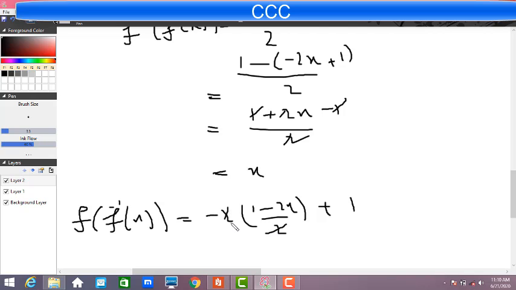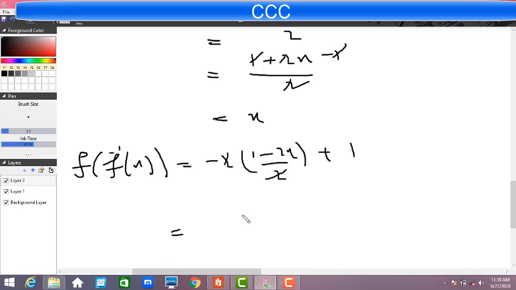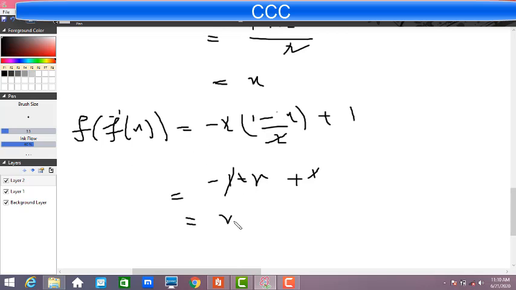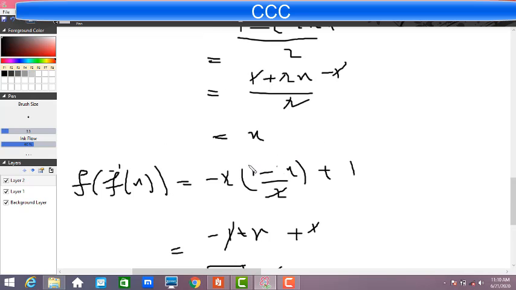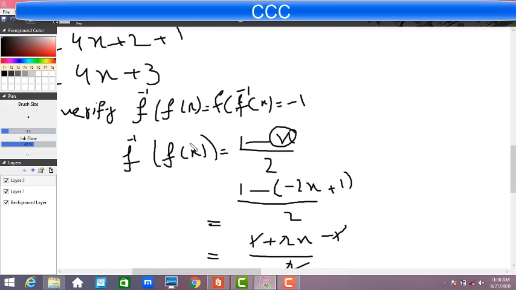So we simplify in the same way as minus 1 plus x, plus 1. So cancel on both sides and we get the result f of f inverse of x is equal to x. So this is the value of both sides of the equation, hence proved. Thank you very much.